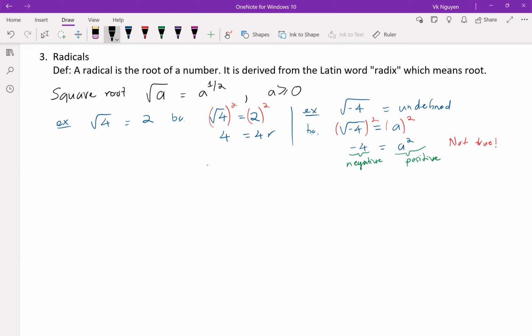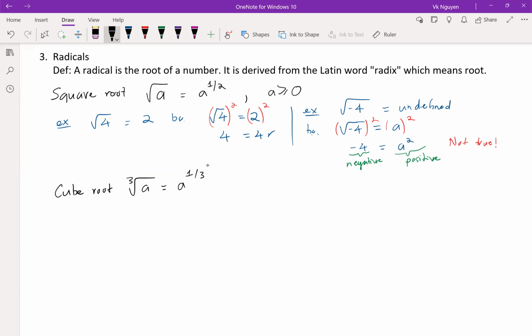Okay. Cube root. Write the number 3 right here. Exponent form is a to the 1 over 3. A here can be positive or negative or 0.